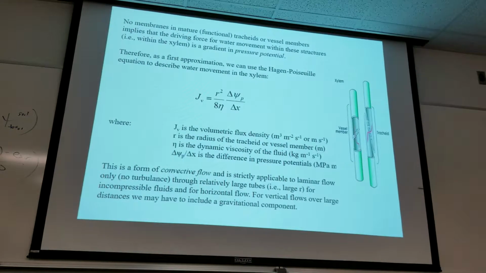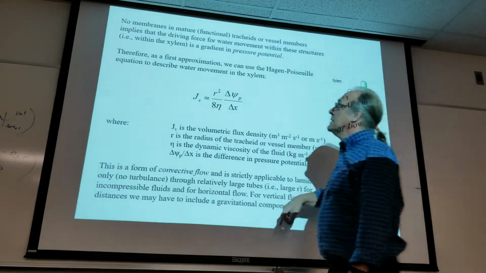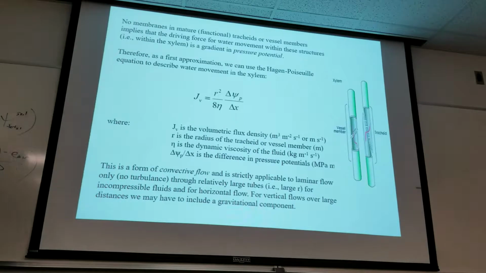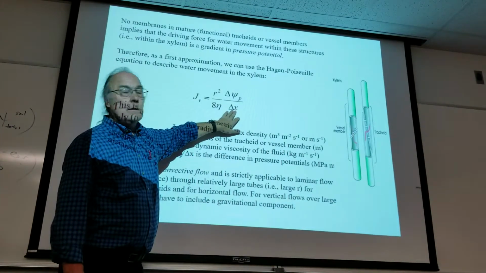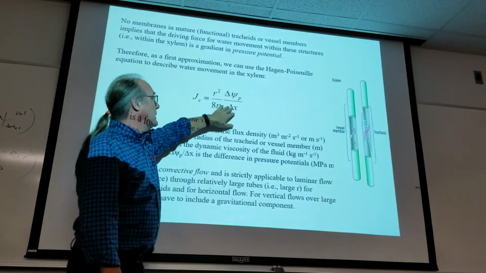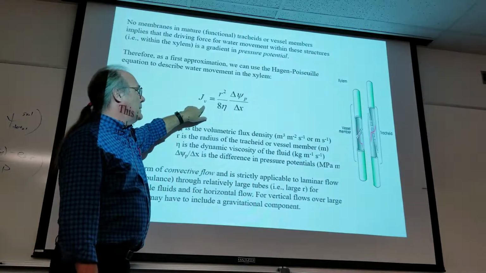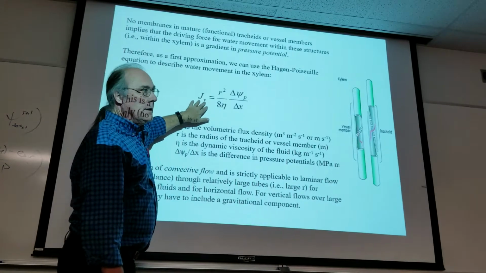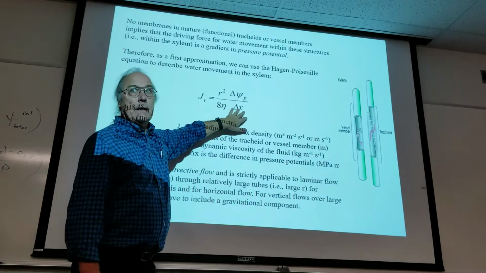Okay. So no membranes, once we're in the vessel or in this string of tracheids, means that the driving force for water movement in the xylem are gradients in pressure potential. We can use this Hagen-Poiseuille equation as a first approximation for the hydraulic flux, the volumetric flux of water, and the relationship between that and this pressure gradient.